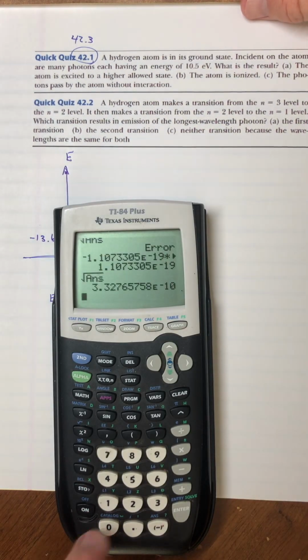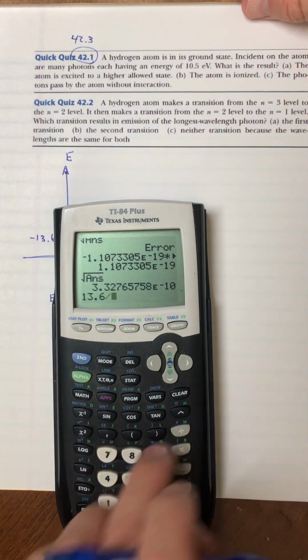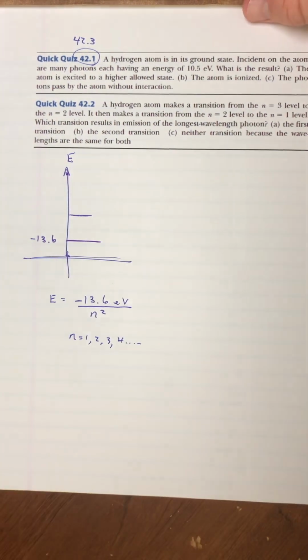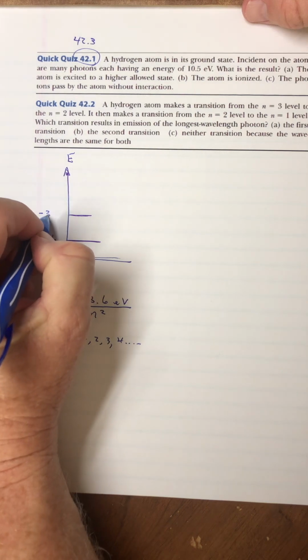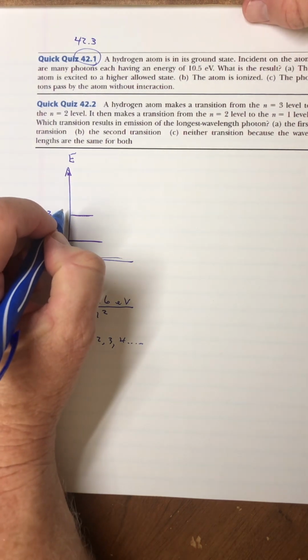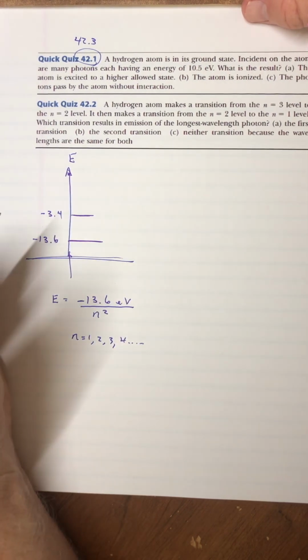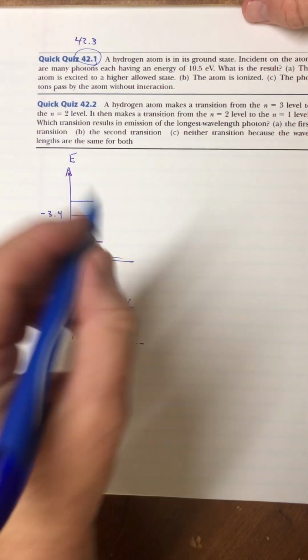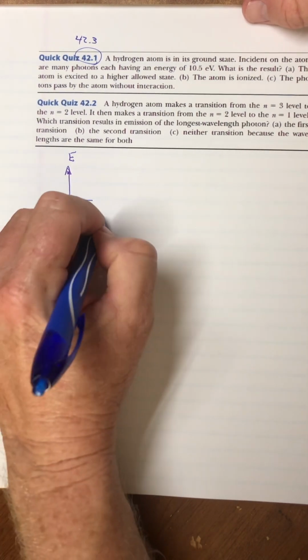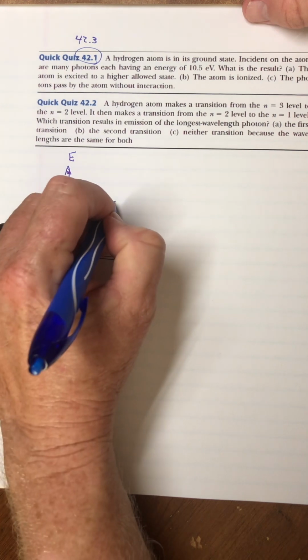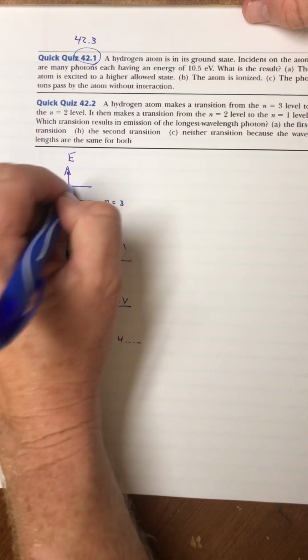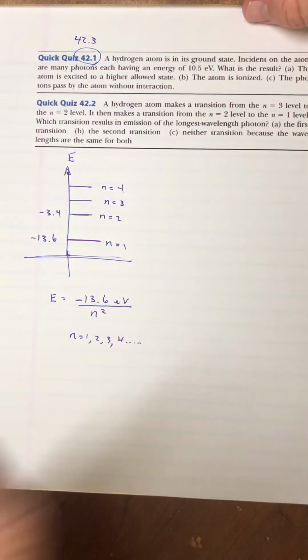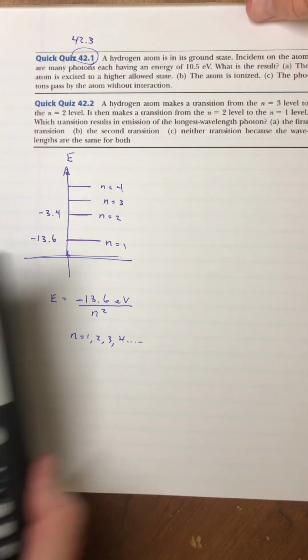Let me grab my calculator. 13.6 divided by 4 would be negative 3.4 electron volts. And maybe I'll put to the side n equals 1, n equals 2, n equals 3, and maybe I'll just go to n equals 4. That's what I did in class.